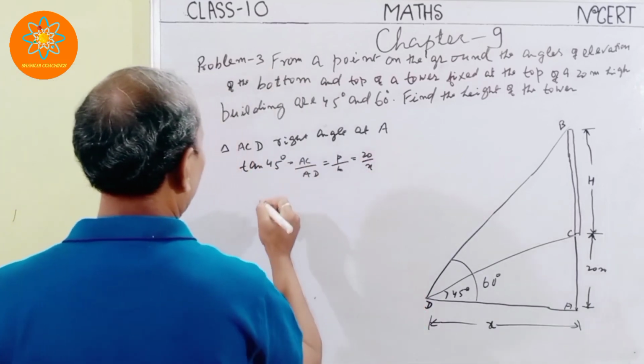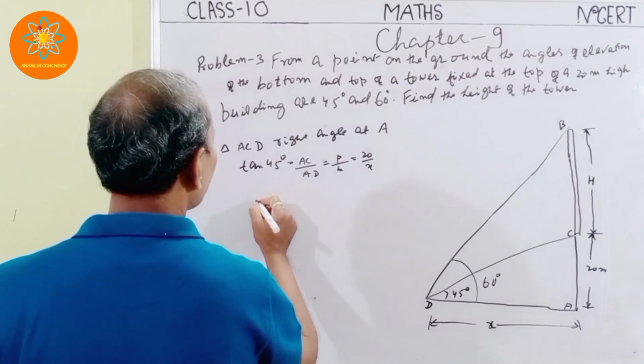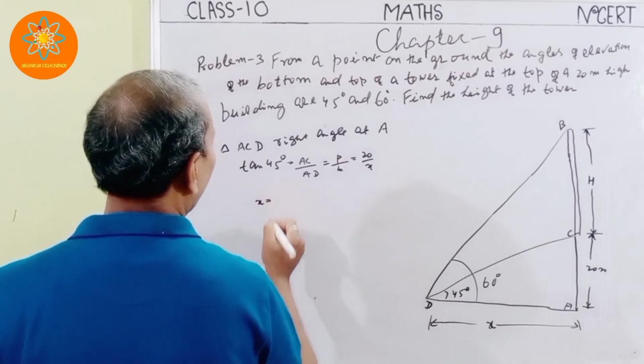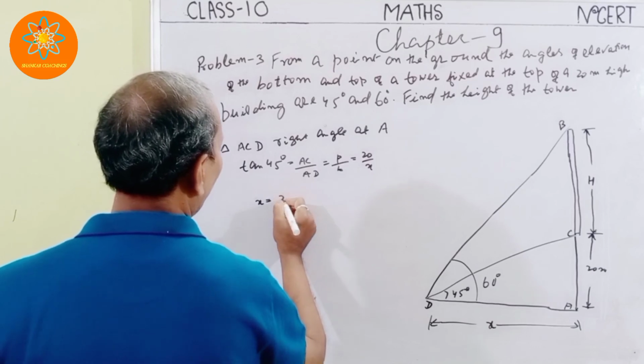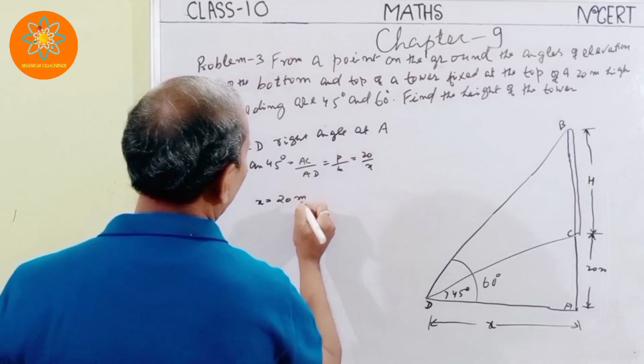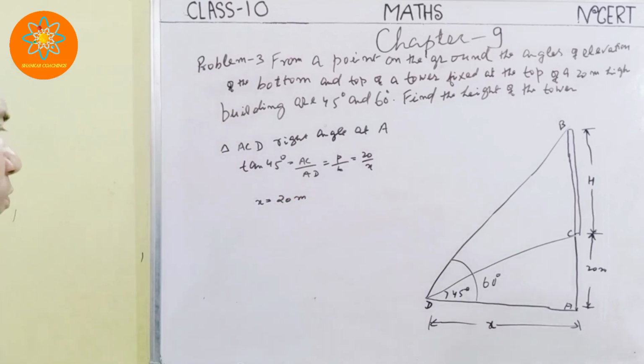So x is equal to 20 meter. So the value of x is 20 meter.